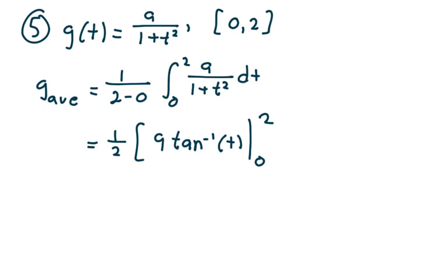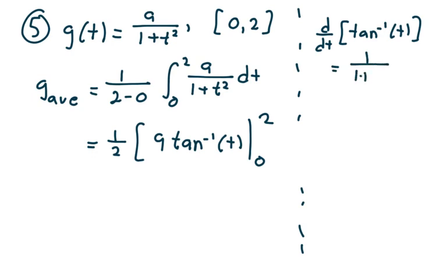And so remember here, let me draw a little divider here. We want to remember that the derivative of arctangent of t is equal to 1 over 1 plus t squared. So that's going to come up a lot, so it's something we need to keep in mind. I'm going to pull that 9 out in front.